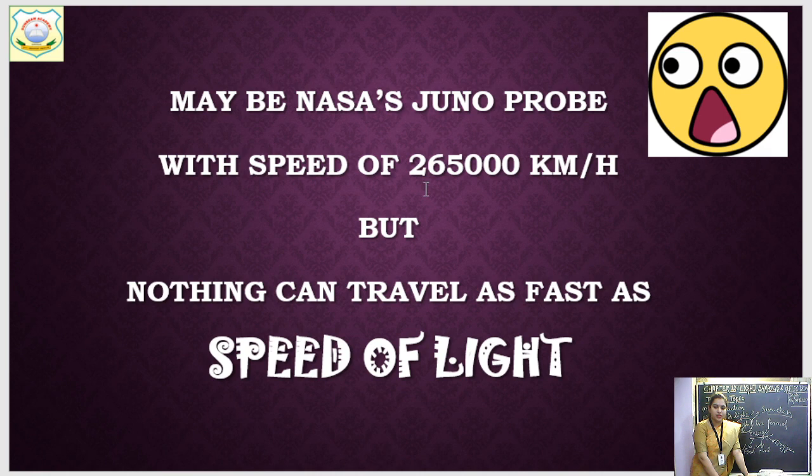Its speed is approximately 2,65,000 km/h, but nothing can travel as fast as the speed of light. The speed of light is the fastest thing that we have ever seen or ever imagined.